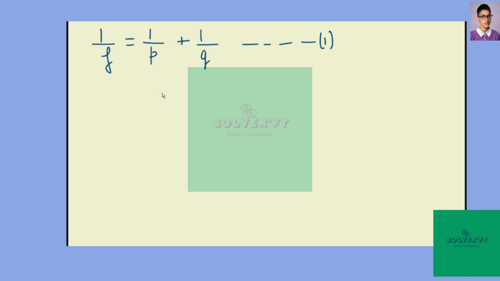Now comes to part A. Here we have given the distance between bowl and candle is d equal to 1.50 meter.